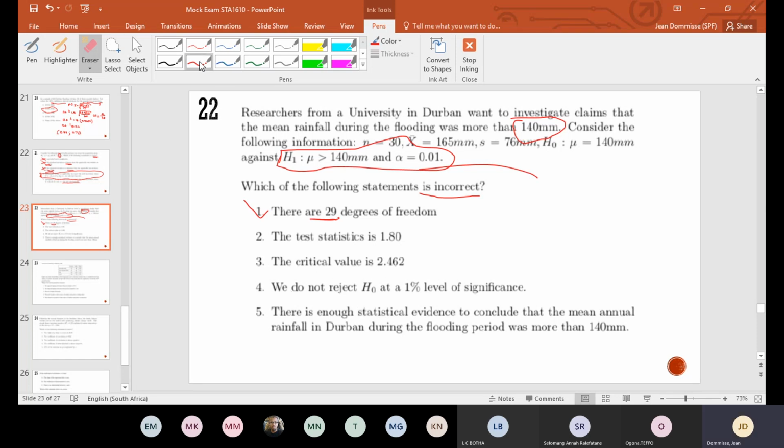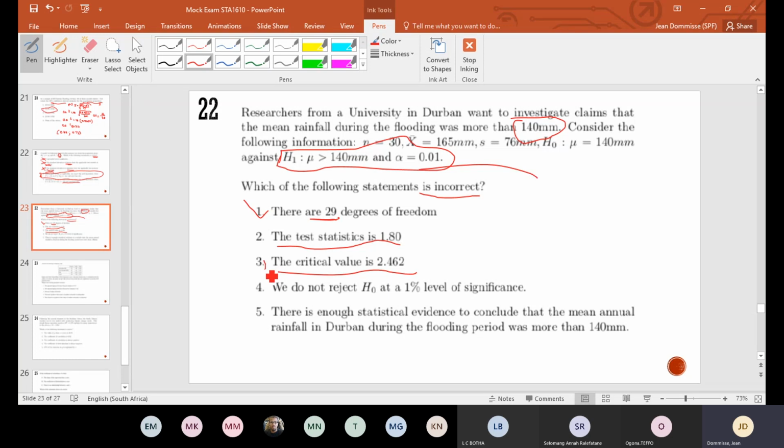Okay, so let's quickly first work this out. If you go to your tables, degrees of freedom is 29, alpha is 0.01, so that value is 2.462.